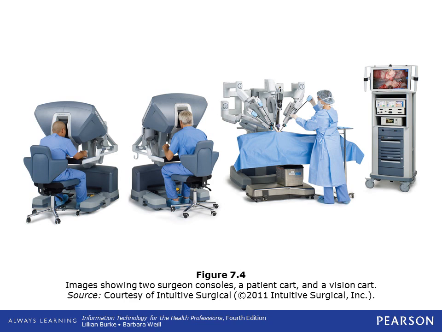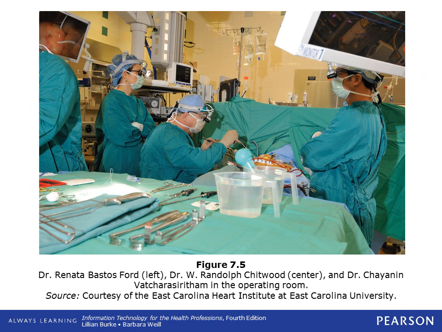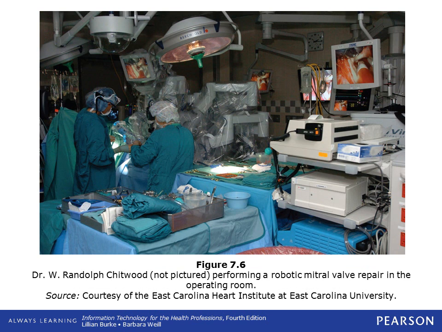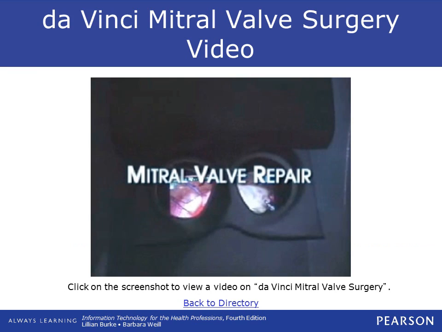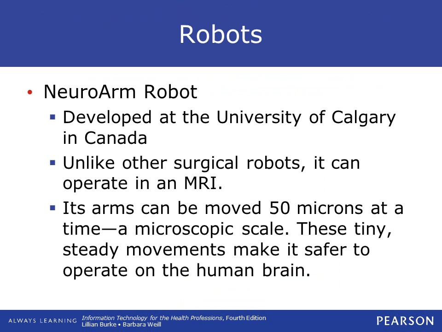You can see the patient cart and then the actual vision cart. That's where they can look inside as they're performing surgery. 7.5, I put a picture in there. 7.6, that's a robotic mitral valve repair being done in an operating room. So I put a lot of pictures in this particular chapter.